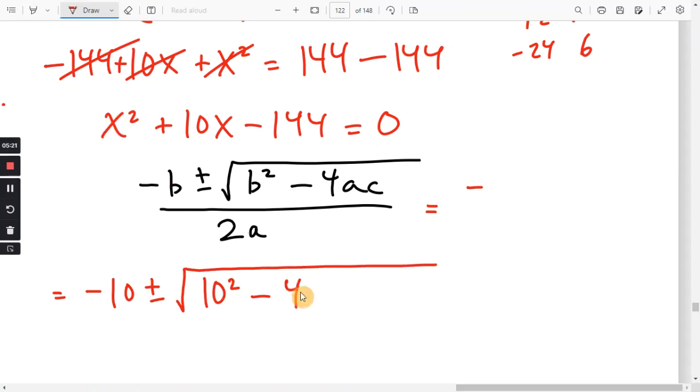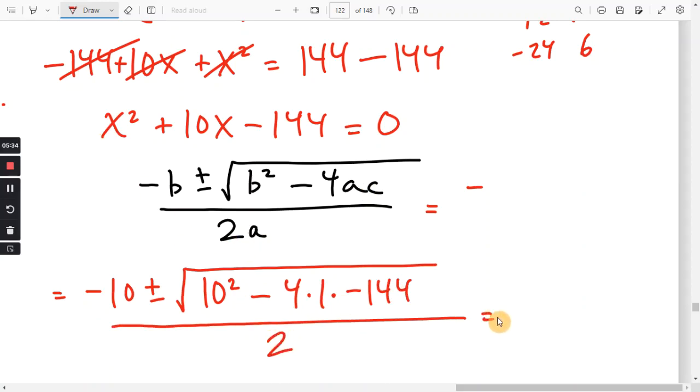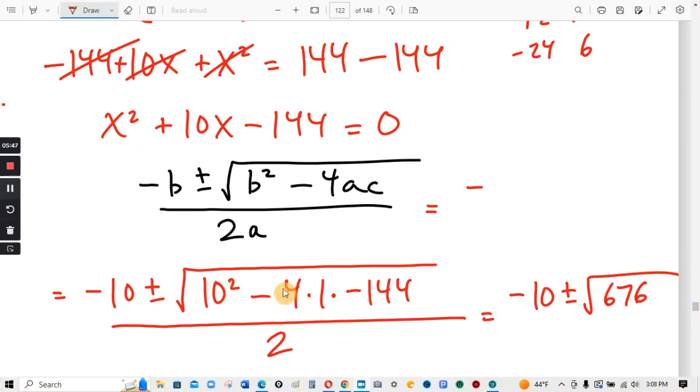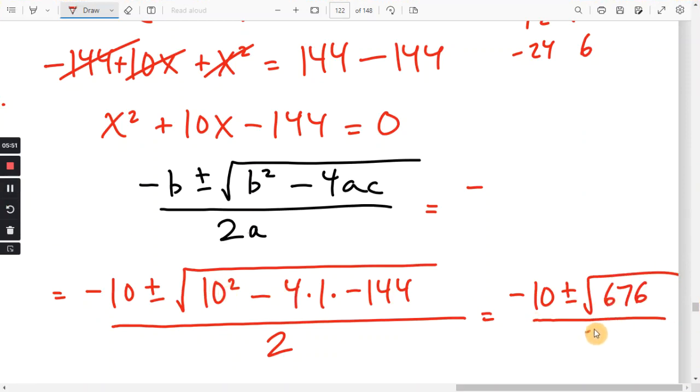A is 1, and c is negative 144, all over 2a, so it's just 2 times 1. All right, this is going to be negative 10 plus minus. I'll do this calculation on the calculator, and I get the square root of 676, whole thing divided by 2.